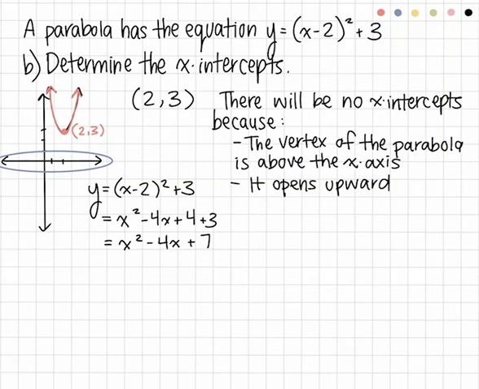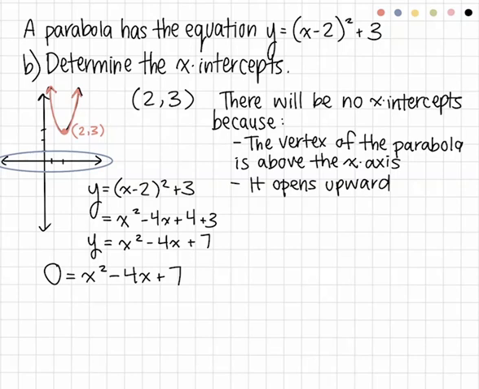Okay, so now that I have this written in standard form, I can rewrite it, but set it equal to 0, right? Because if I want to find the x-intercepts, I have to let y equal 0. So it's going to look like this. 0 equals x squared minus 4x plus 7, right?